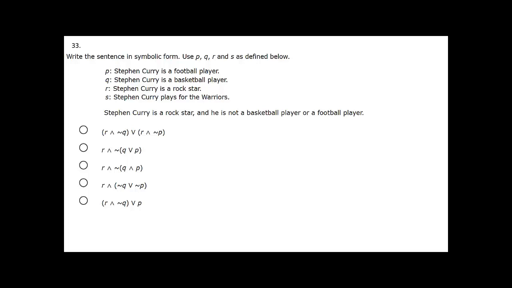Now remember that comma is important. We use the comma to help us with grouping so that everything on the same side of the comma gets grouped together. So Stephen Curry is a rock star is on the left of the comma, and that's the statement R. And is the connector we're using. He is not a basketball player. Q says he is a basketball player, so that's going to be a not eventually.